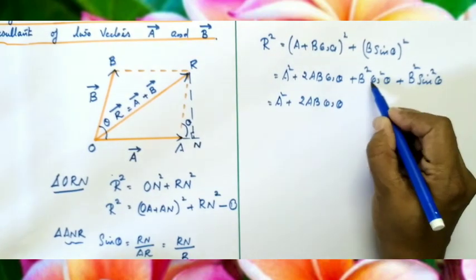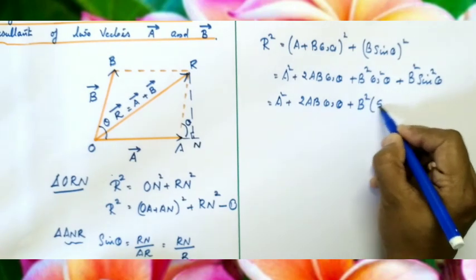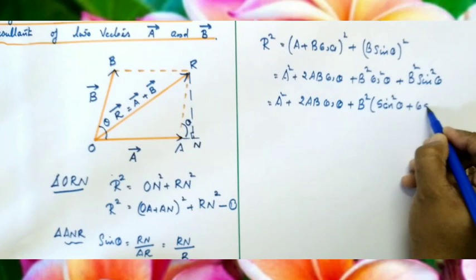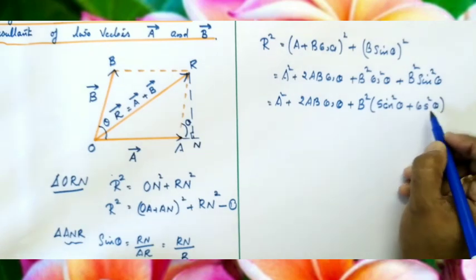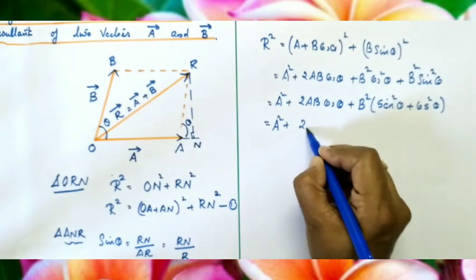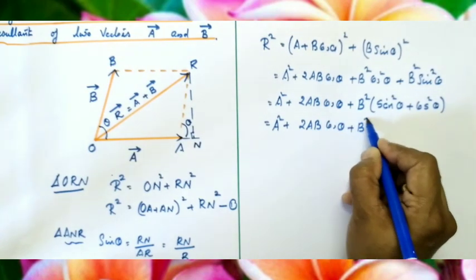From these two terms, B square can be taken common. So plus B square into sin square theta plus cos square theta. Sin square theta plus cos square theta is 1, isn't it? So it is equal to A square plus 2AB cos theta plus B square.